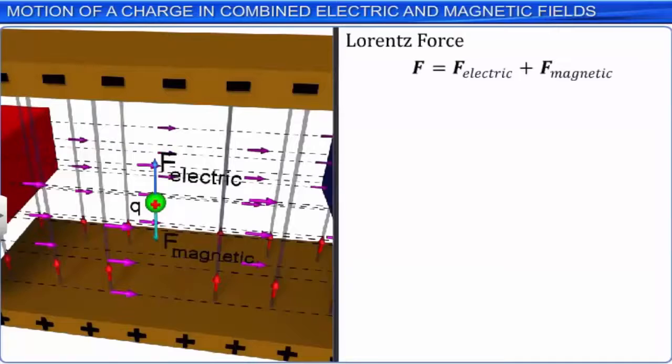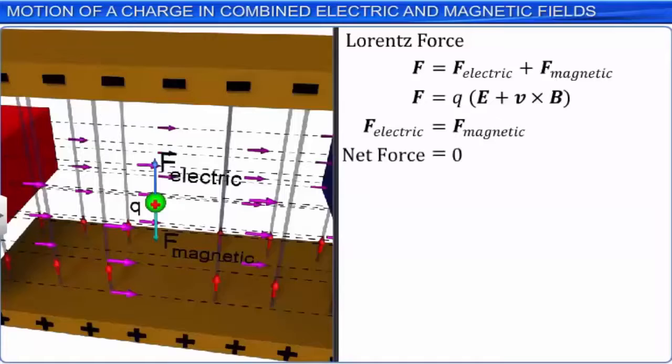Thus, the total force experienced by the charged particle F is equal to Q into E plus V cross B. If the magnitudes of electric field strength and magnetic field strength are adjusted such that the magnitudes of the two forces are equal, then the net force acting on the charged particle is zero.